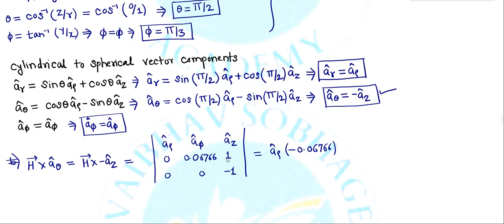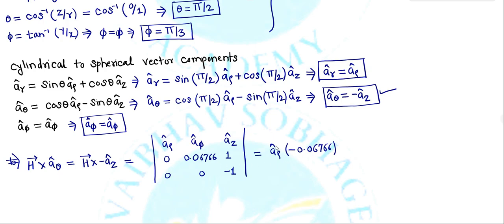Then this 1 into 0 will be 0, plus a phi multiplied by this 1 into 0 and this 0 into minus 1, so that term will be again 0, plus a z multiplied by this 0 into 0, so that will be 0, and this 0.06766 multiplied by 0 will be 0 again.